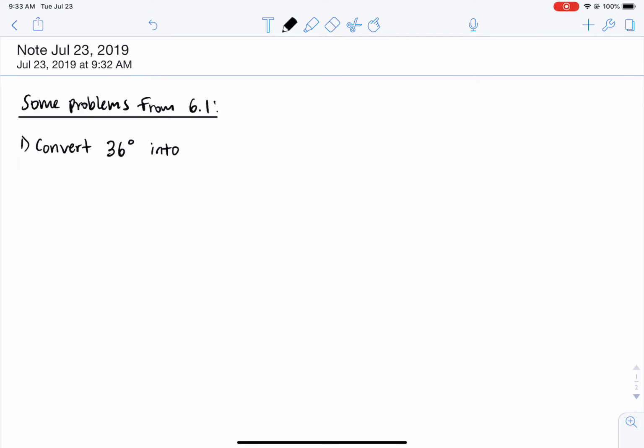So this is some problems from 6.1. So number one, say I want to convert 36 degrees into radians.